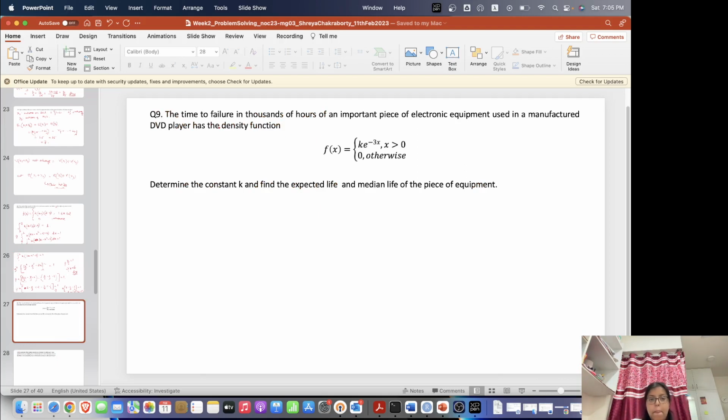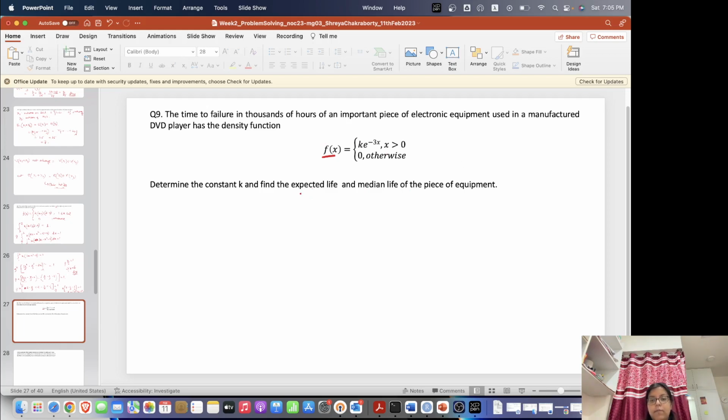Here again, it has been said that the time to failure is modeled as it has a density function of this functional form. Determine the constant k and find the expected life and median life.